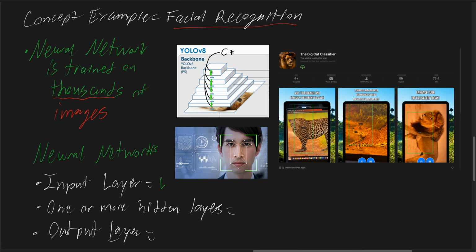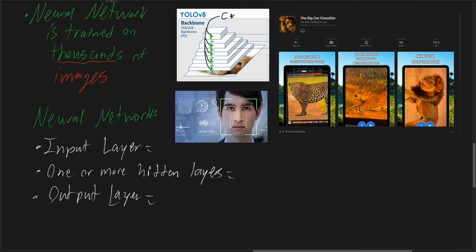One or more hidden layers is where the training happens to recognize patterns in data. And finally, the output layer is the result after training.